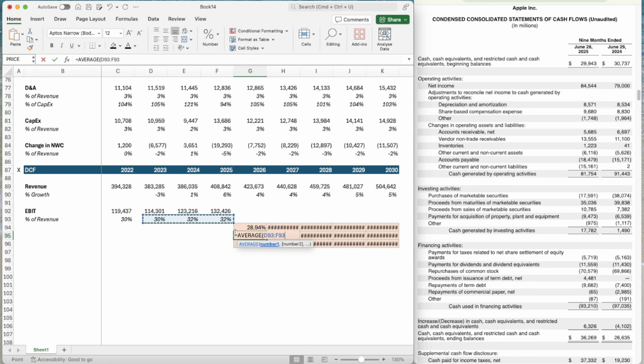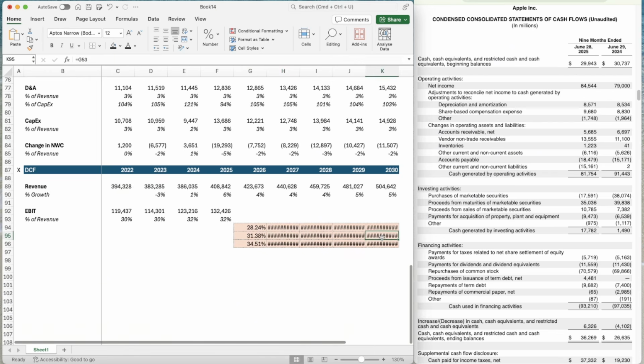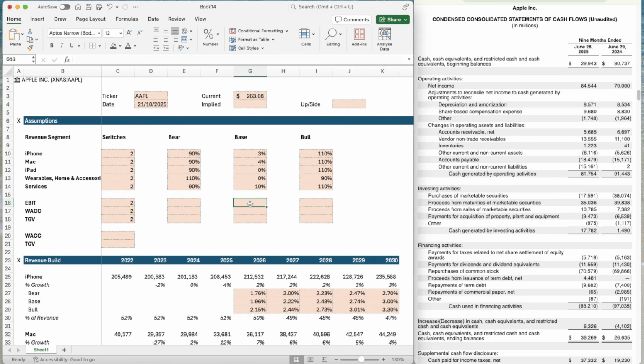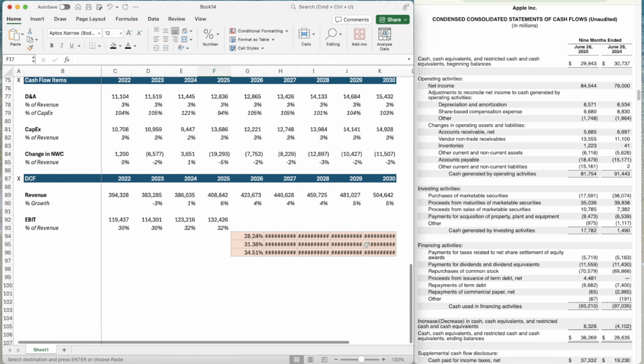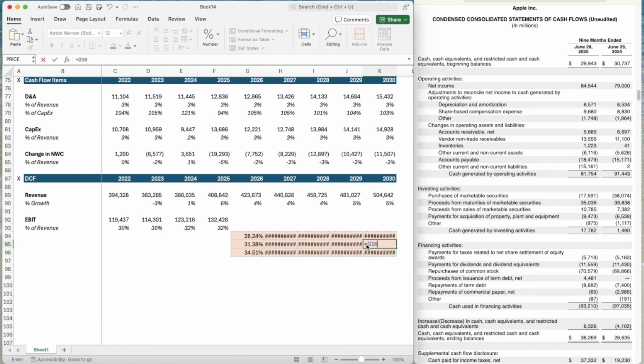We'll do an average of the last 3 years for this one. I'm gonna say it's gonna maintain that 32% margin. I don't think it can go much higher than that. So we'll say 105%. But we'll keep the bear case as being 90. So what is that? G16. Here again, offset.